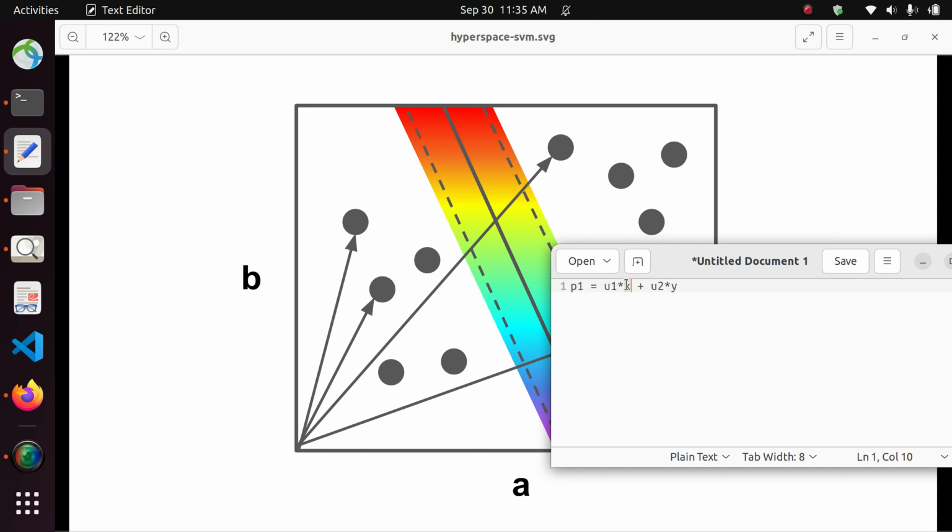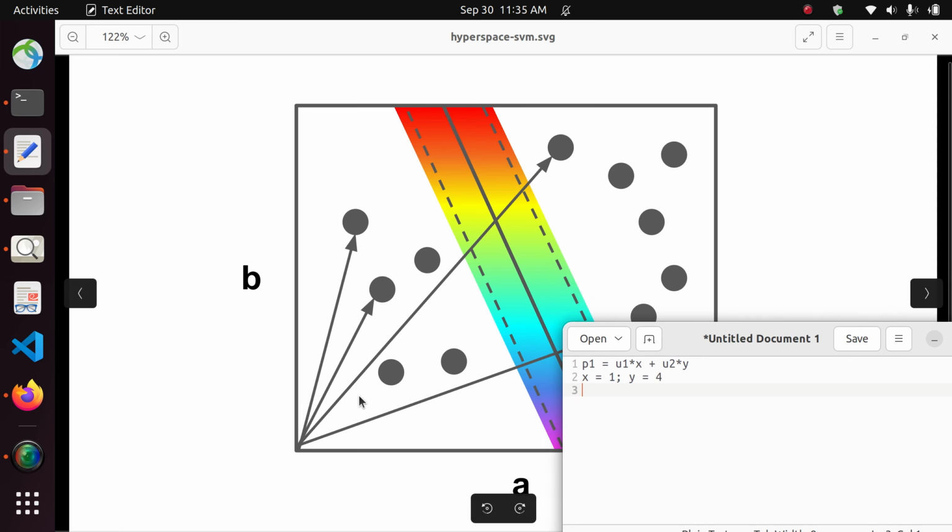So x and y, let's say it's at a value of 4 on the y-axis and a value of 1 on the x-axis, then here x equals 1, y equals 4. And so that's how it can be expressed. So in theory, all of these points are actually vectors or arrows in the 2D space.